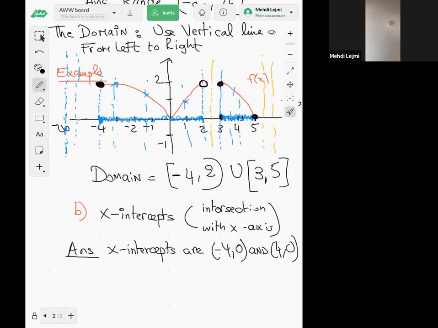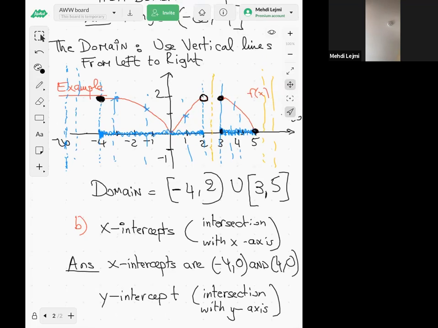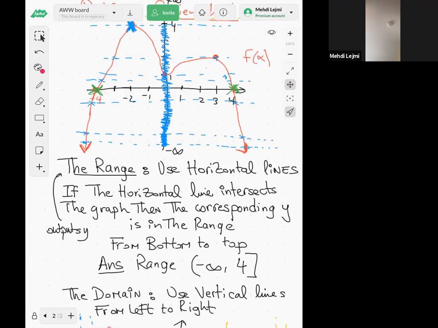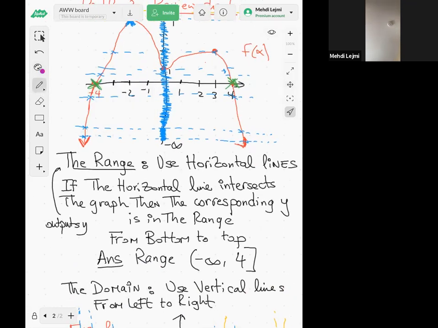All right. Now for the y-intercept, this is the intersection with the y-axis. If you check the graph, the intersection with the y-axis is going to be this point here. This one, right?